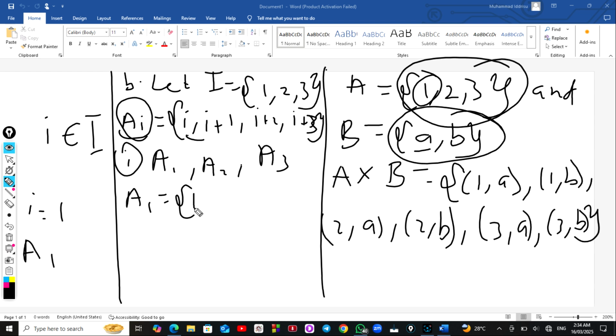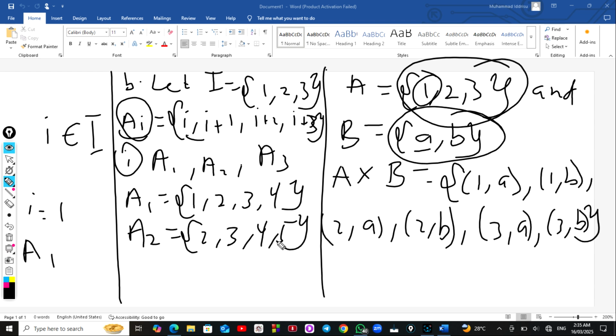So i is 1, i plus 1 is 1 plus 1, which is 2, i plus 2 is 3, i plus 3 is 4. Then A2 is 2, 3, 4, 5. A3 is 3, 4, 5, 6. And this is for the i part of question 3B.